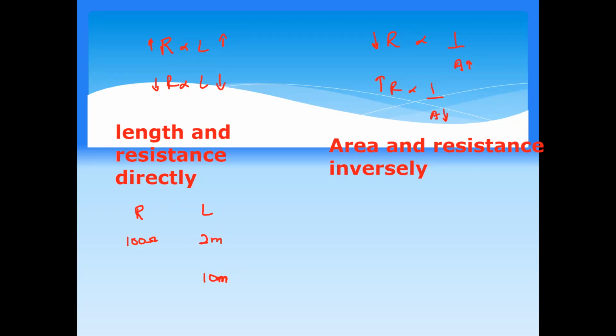Originally it is 2 and now it becomes 10. So with what factor does it increase? It increases by a factor of 5. So the resistance should also increase by a factor of 5. It will become 500 ohms.